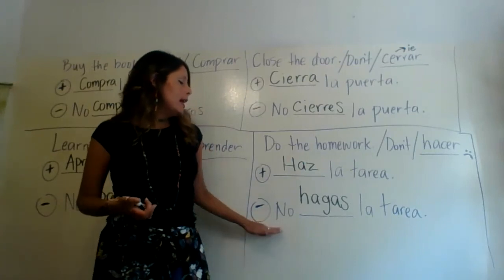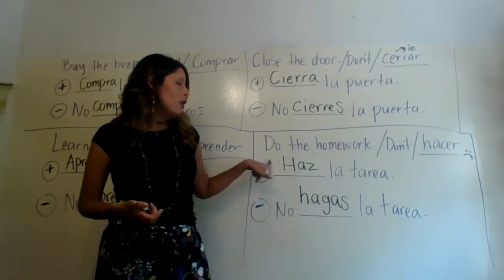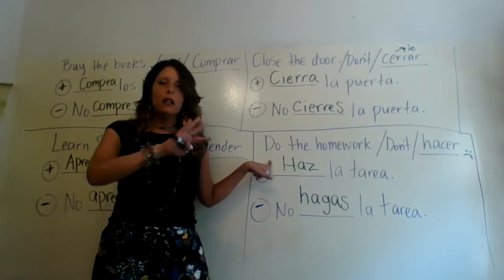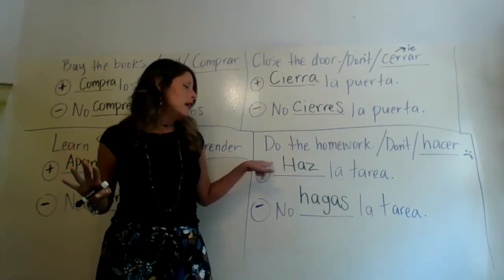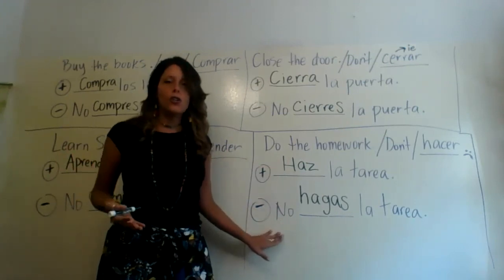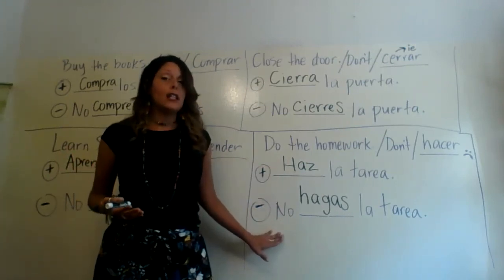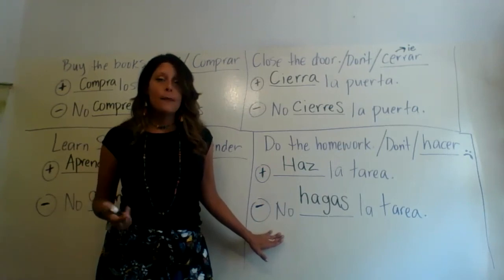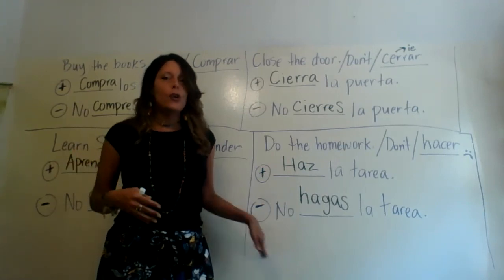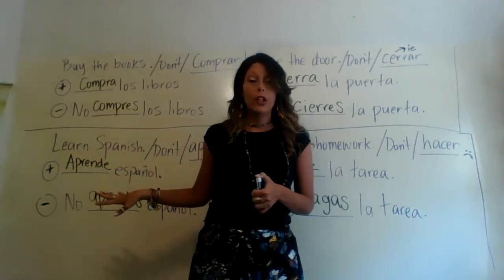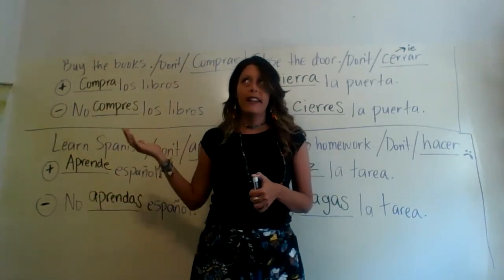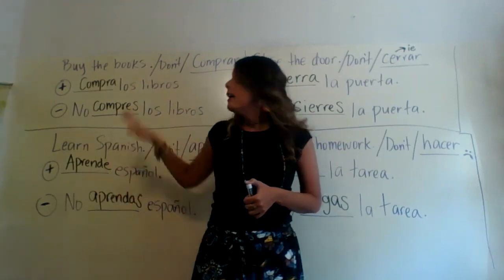And this right here, even though the affirmative is clearly irregular, that just has to be memorized for the verb hacer, the negative is not considered to be irregular. It's considered to be what because of that crazy G? Spell change.